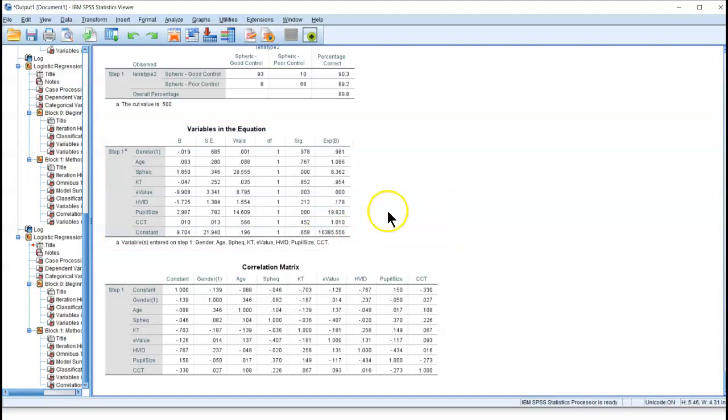That means that these were correlated with the others, and so the multicollinearity just took them out as significant factors. After you've accounted for spherical equivalent, eccentricity, and pupil size, there's nothing left to independently account for any significant variance in the model.